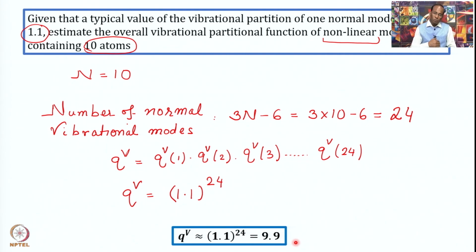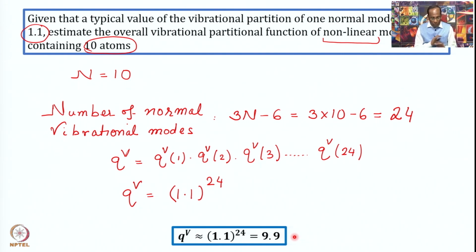And then if you open your previous notes when we discussed the nonlinear rotor, the value of QR, that is rotational partition function, was sometimes in thousands. And now if you look at the result that we got over here, the value is 9.9. So, therefore, the maximum contribution comes from translation, followed by rotation, followed by vibration, and then when we discuss the electronic, we will address those at that time.